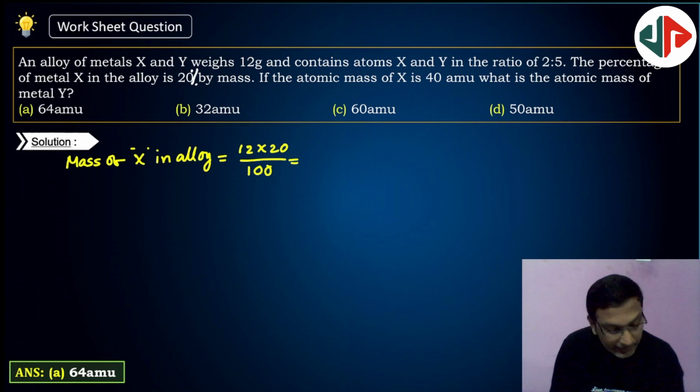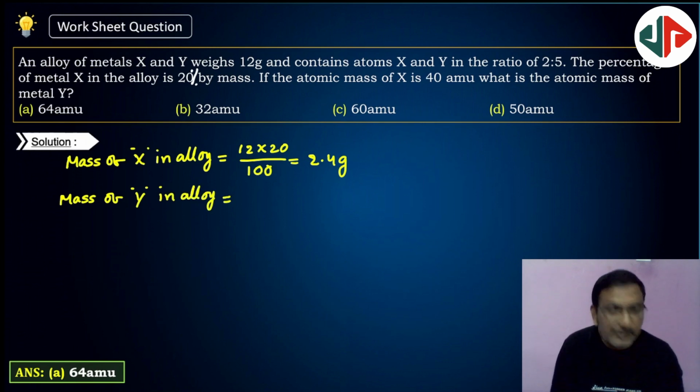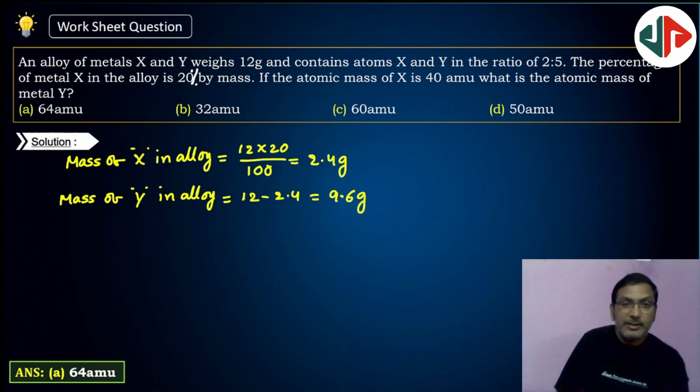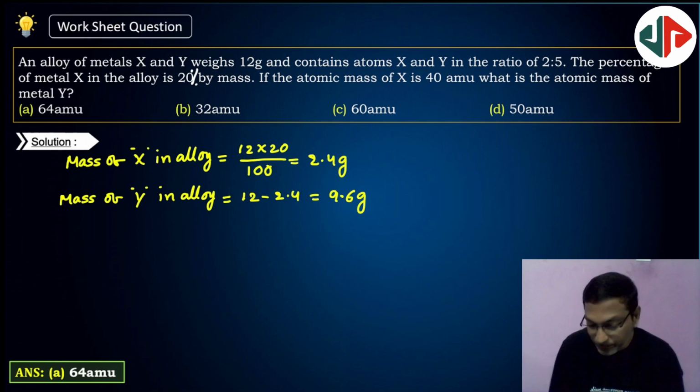Therefore it will be 2.4 grams. Next, similarly, mass of Y in alloy. Total 12 grams. In that X is 2.4 grams. Therefore 12 minus 2.4, which is equal to 9.6 grams. So first I have calculated weights.